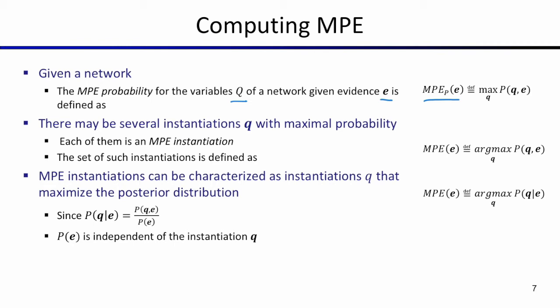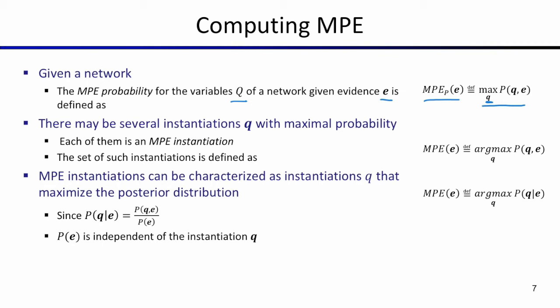The MPE probability is basically the maximum probability that we have for all possible instantiations of the query variables Q and evidence E. And we are frequently more interested in the MPE instantiation than in the MPE probability.